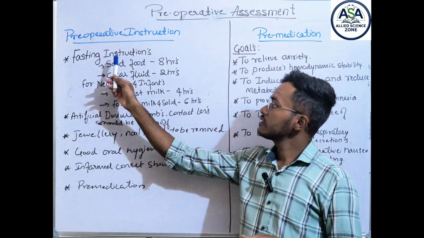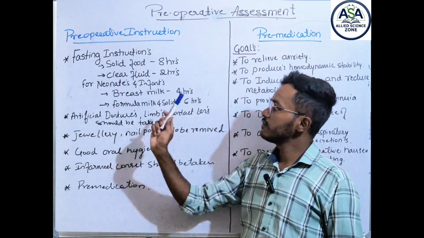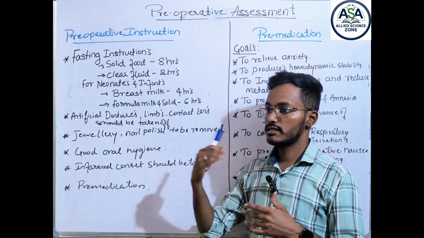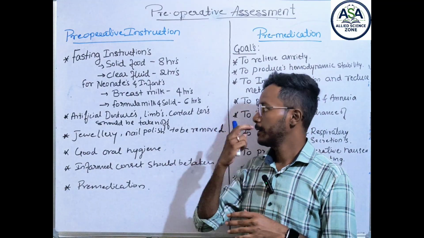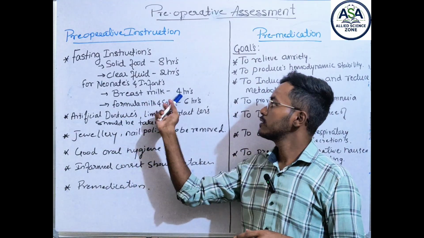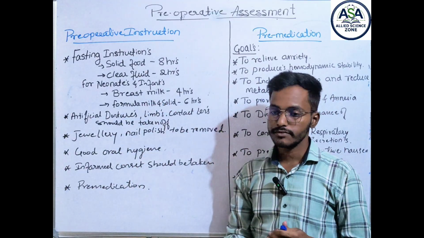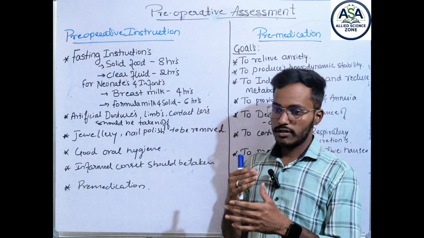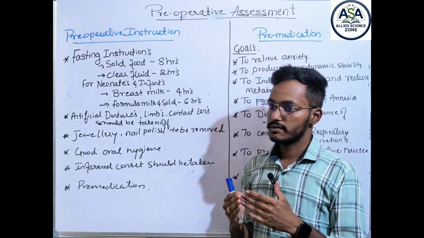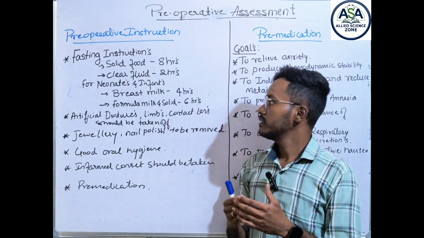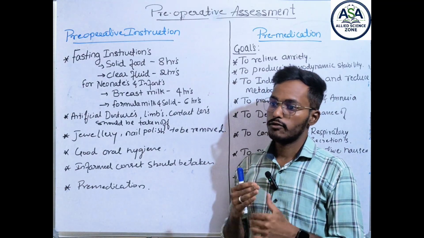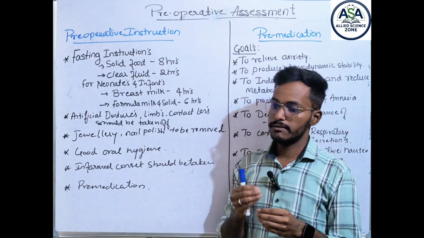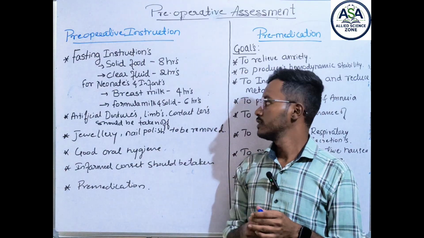This is for adults. For neonates and infants, it is separate. Breast milk is 4 hours. For neonate babies, breast milk should be 4 hours of fasting, so only 4 hours before can the baby be fed.